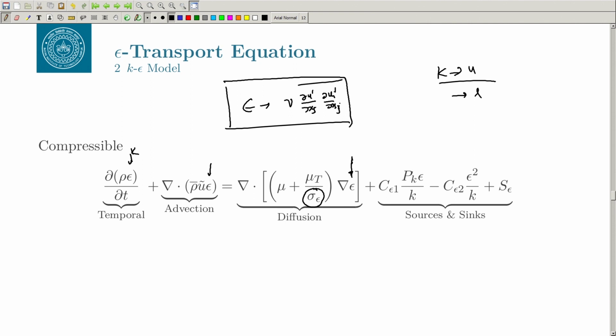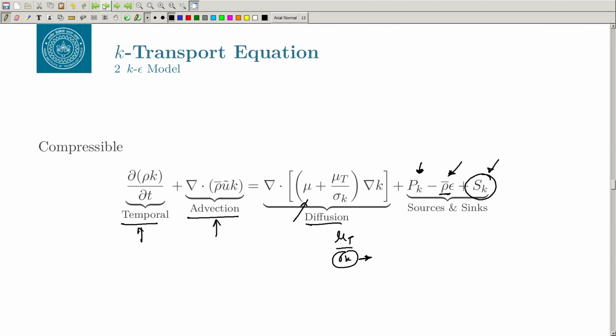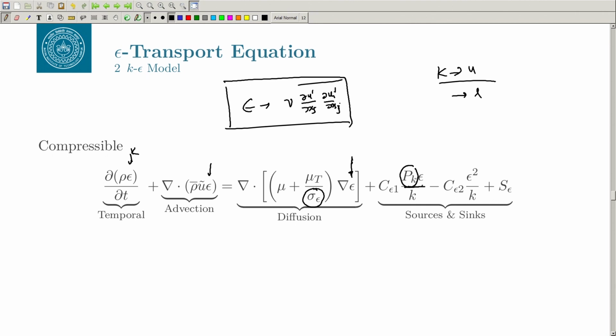And then we will change the production term: we had this Pk earlier in the kinetic energy equation, we will multiply it by epsilon, divide by k, and use another constant, which is c epsilon 1. Again, this epsilon transport equation is heavily modeled. It is not derived from first principles.